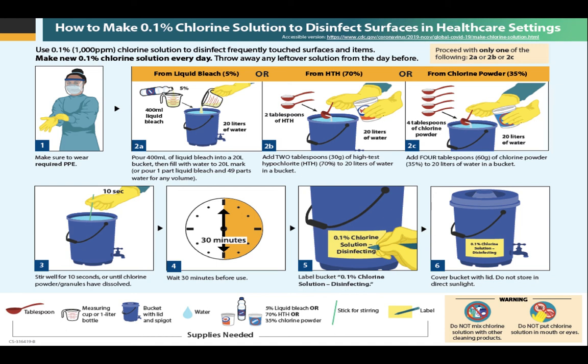So again, there's also a warning here at the bottom. Do not put chlorine or bleach solutions in your mouth or your eyes, or inject or ingest any of the solution. Okay.